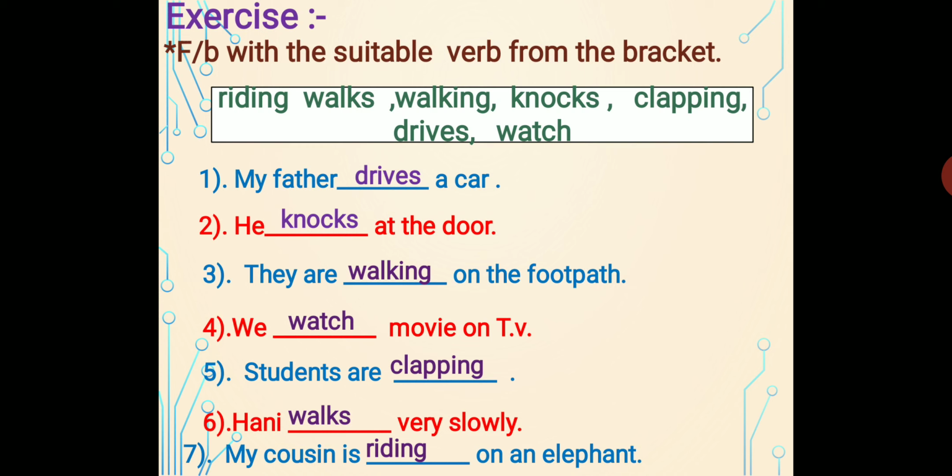So just remember one thing: if there is a helping verb in the sentence, you have to write the verb in ing form. And if there is no helping verb in the sentence, then you have to write the verb with s, es or ies form. I hope you will understand this lesson properly and you can apply all the rules easily.